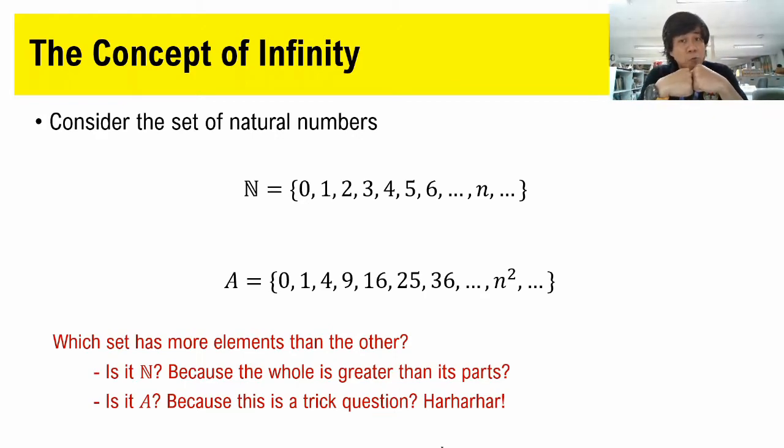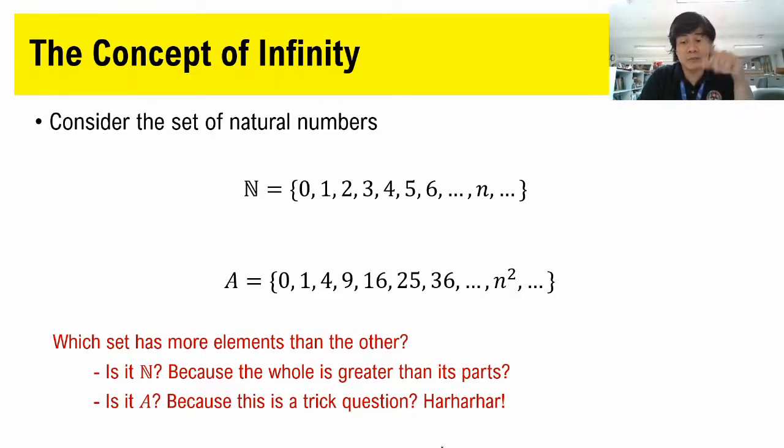However, what if we consider correspondingly one element with another by having a one-to-one correspondence? This element with this element, this element with this element, until the last element with the last element. We can do that as well with the set of natural numbers and its subset.